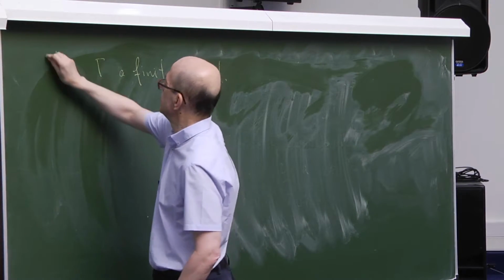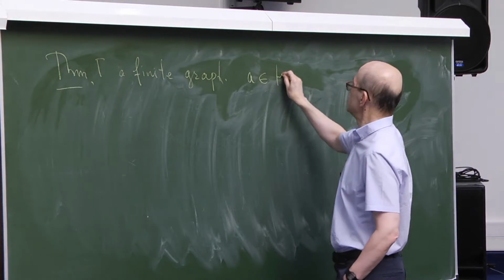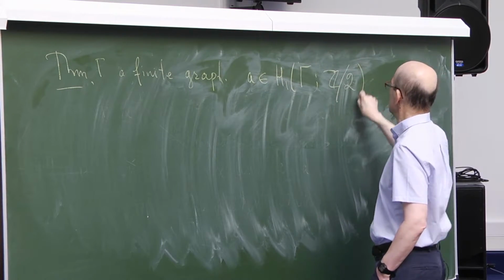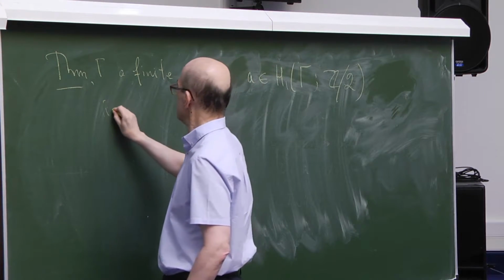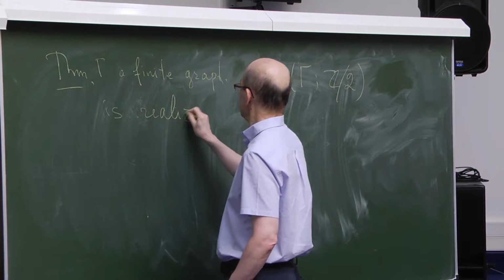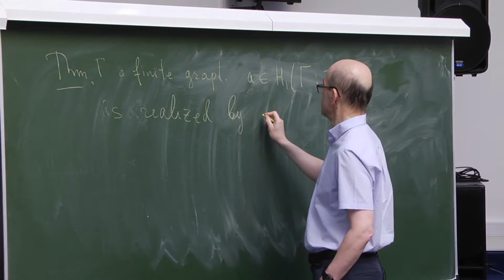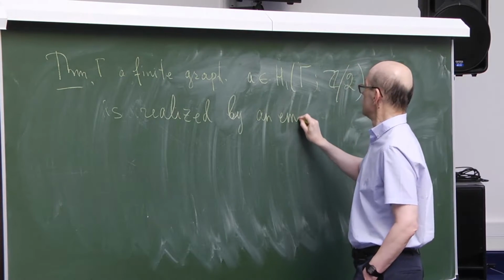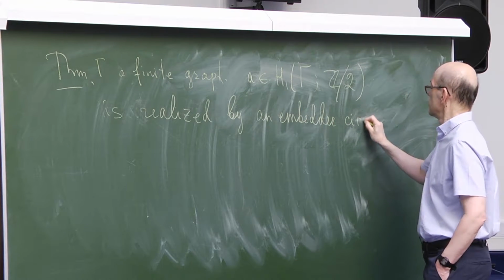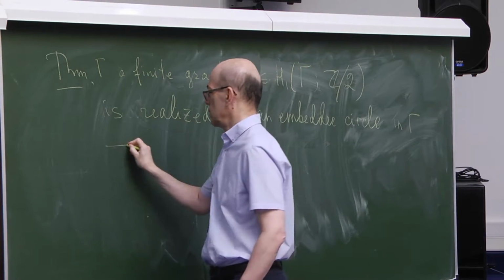So that's the theorem: an element A of H1 of Gamma with coefficients in Z2 is realized by an embedded circle in Gamma if and only if A is an atom.